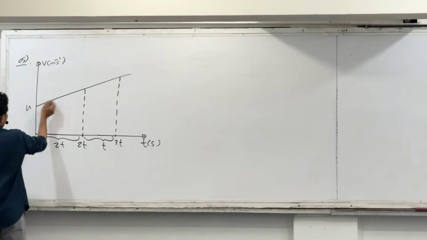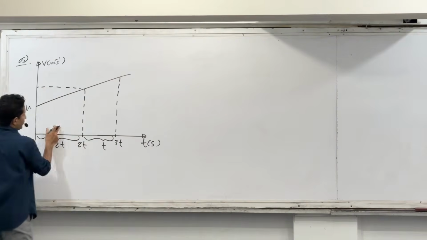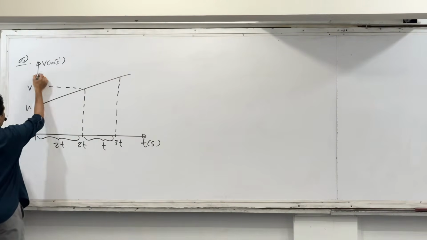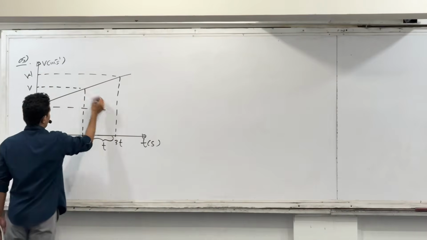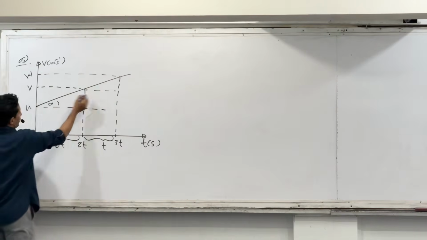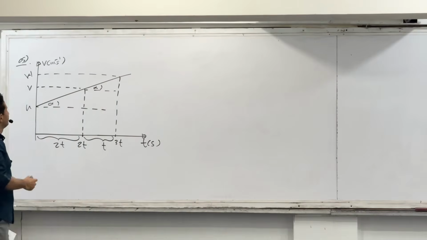I will take the initial velocity as u. At the end of the first 2t, the velocity is v, and here the velocity is w. If this angle is alpha, tan alpha, the gradient, is the acceleration.